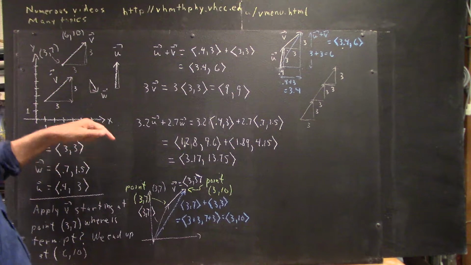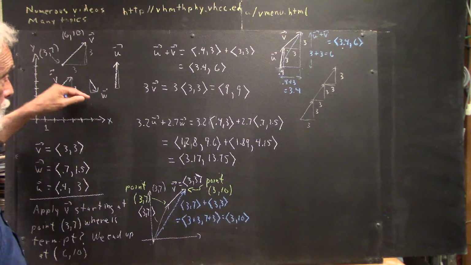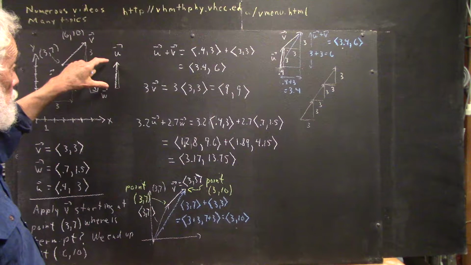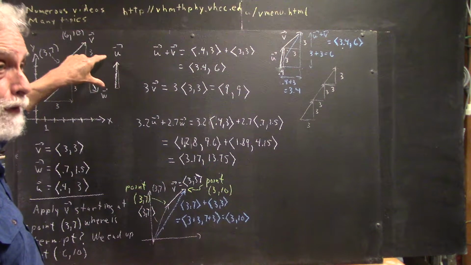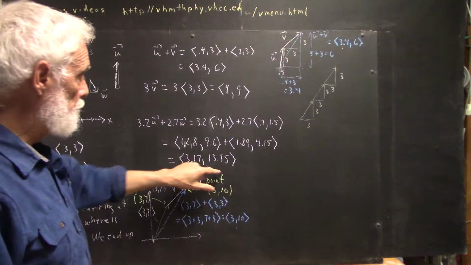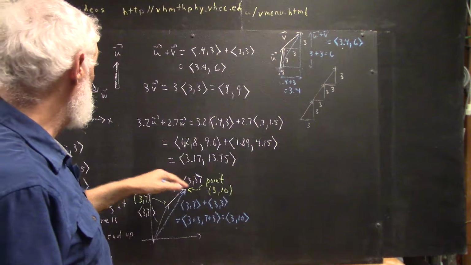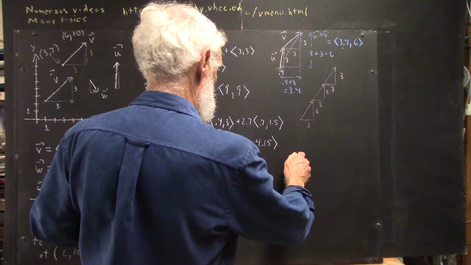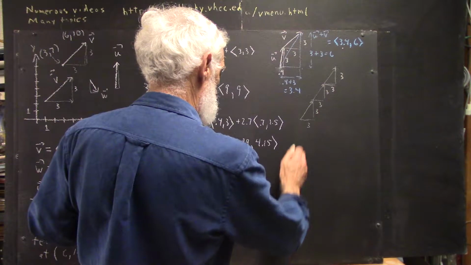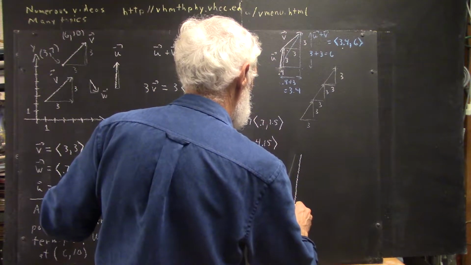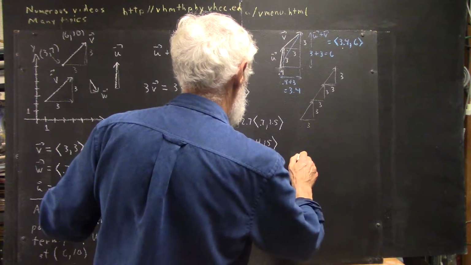And we see that neither u nor w has a very big x component, so we don't get a very big number here, but u especially has a much bigger y component, and w has a little bit of a y component, so it makes sense that we get a number that's bigger here than here. We can also draw this. 3.2u, well, I'm going to say this vector, well, no, u's a little steeper than that. This vector is in the direction of u and about 3 times as long.